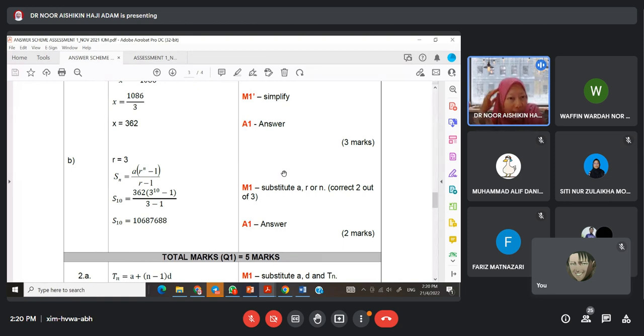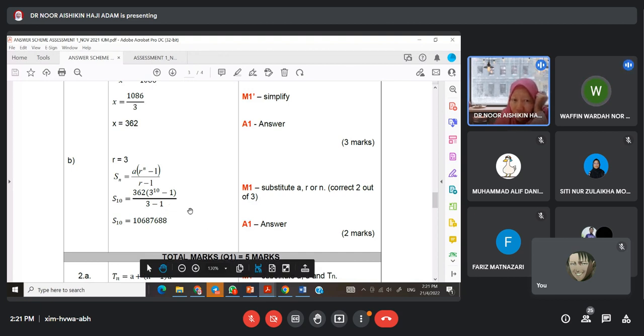That formula is used when R is less than 1. Tapi sebenarnya, kalau you masukkan, you know that R is 3 greater than 1, but if you use the other formula yang bentuk 1 minus R, jawapan sepatutnya masih betul. Tak ada perubahan.